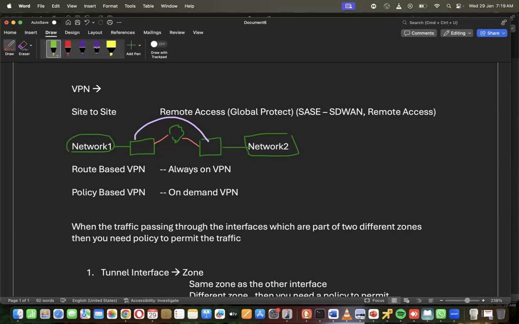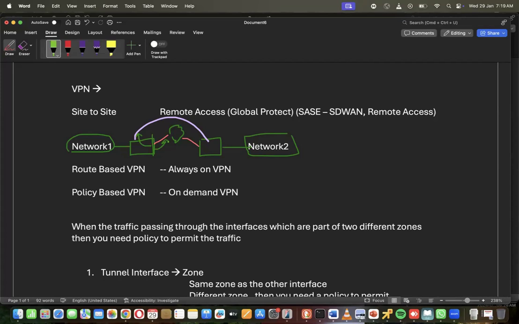This is the tunnel interface through which network 2 is accessible. But this is a tunnel interface which is logical, which requires the physical interface to send and receive the traffic. In my case, the physical interface is the interface which is providing connectivity to the internet. So here you need to classify which traffic needs to be sent through the tunnel and which traffic can be sent to the internet without the encryption, integrity, and availability part of it.